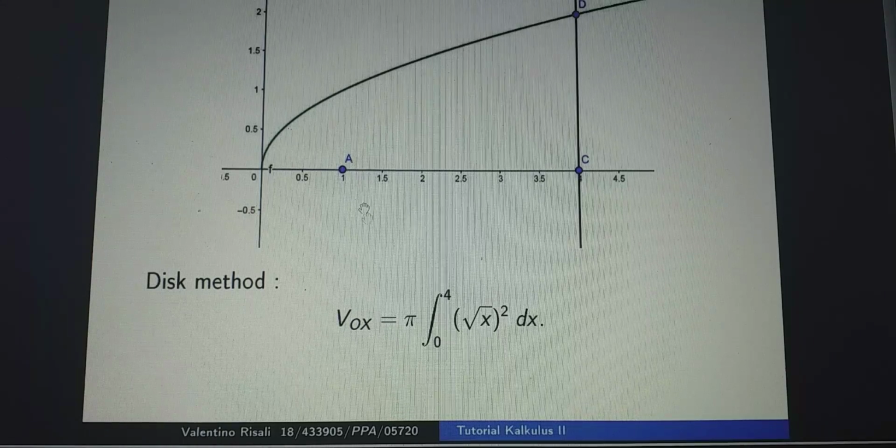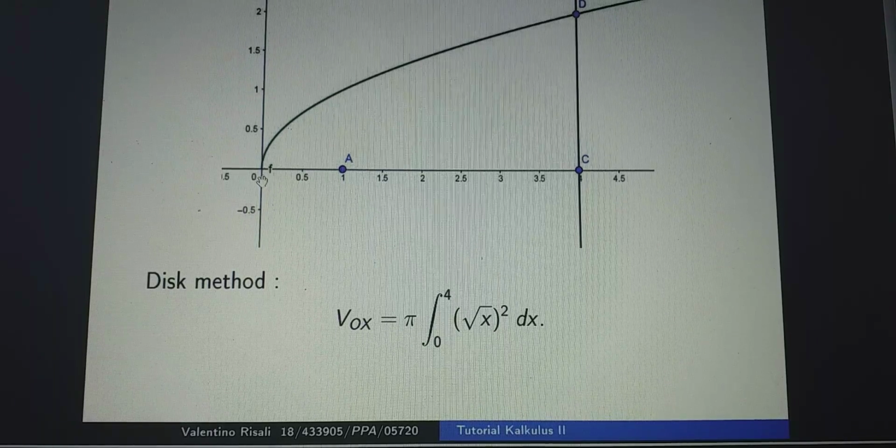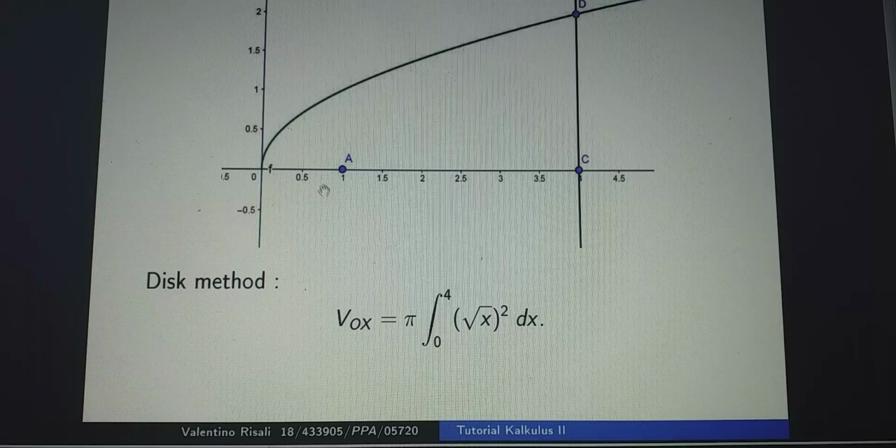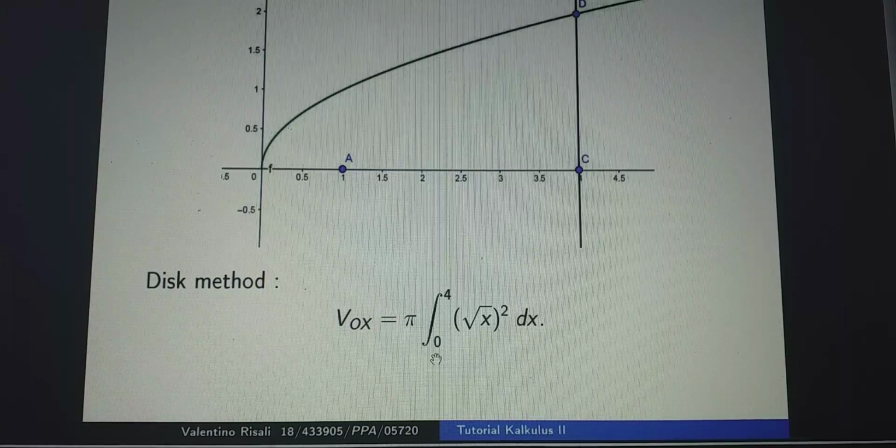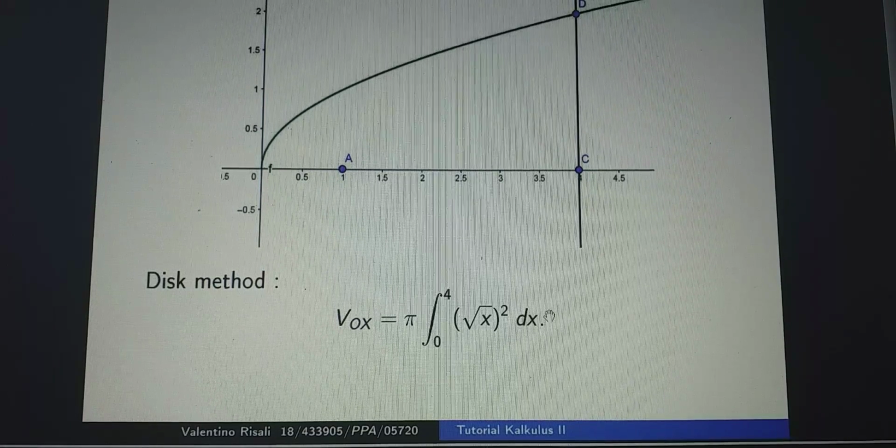We will revolve it about the x-axis. For the bounds we have 0 to 4, and by this method, because in this region there is only the curve and the x-axis, we can directly use square root of x squared, and we will have pi times the integral from 0 to 4 of x dx, and you can continue this.